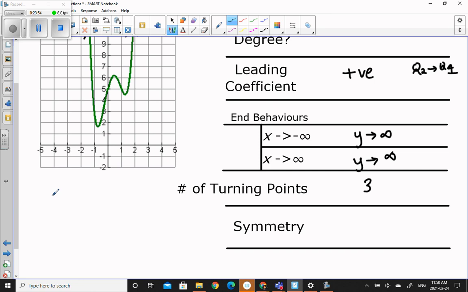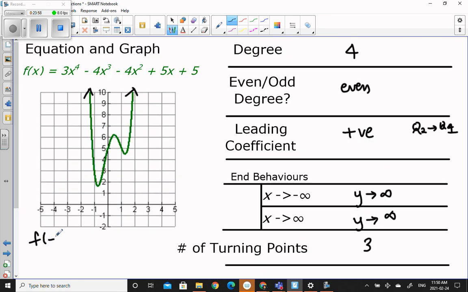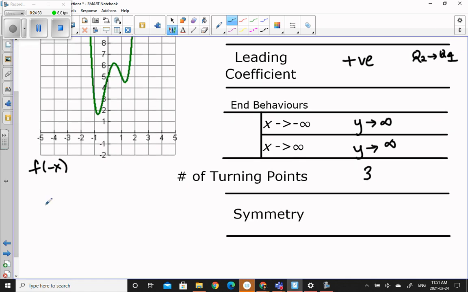For symmetry, you have to do f of minus x. f of minus x equals 3 times negative x to the power 4 minus 4 times negative x cubed minus 4 times negative x squared plus 5 times negative x plus 5.